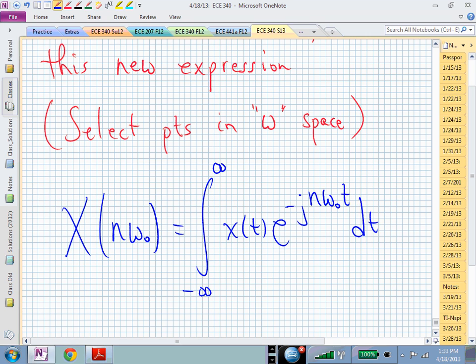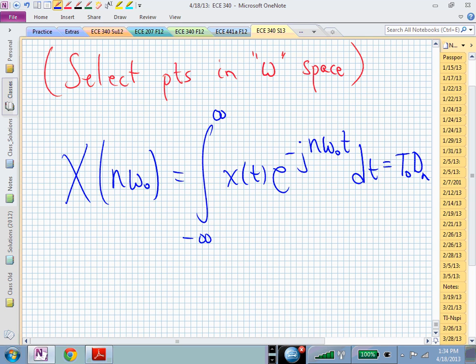If I now multiplied this integral, what is that integral equal to relative to D sub n? How could I write this in terms of D sub n? This is now just T naught times D sub n. Since D sub n was that integral divided by T naught, that integral becomes T naught times D sub n.